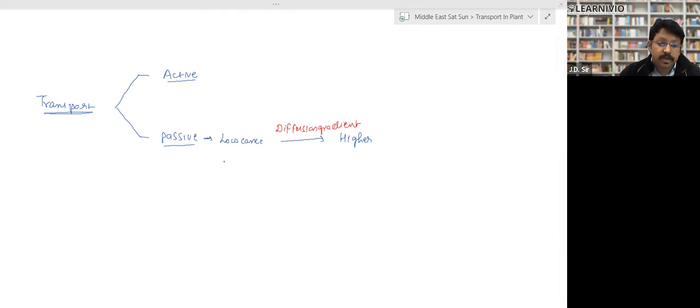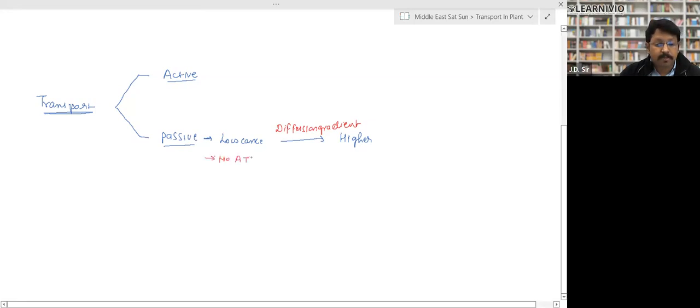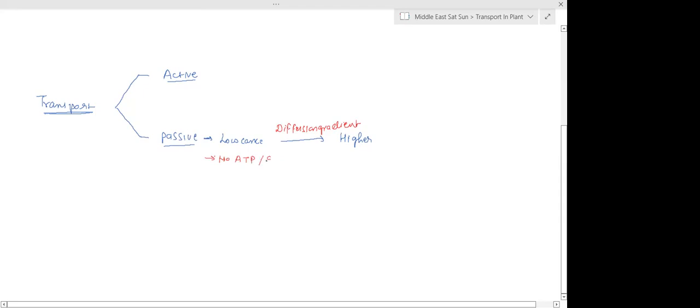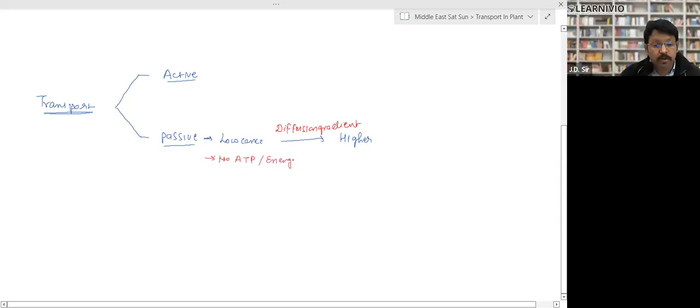In this passive process, no ATP is required. In this process, no ATP, that is, no energy is required. Here energy is not required. So this is called the means of passive transport.